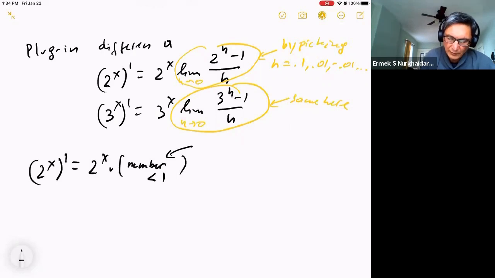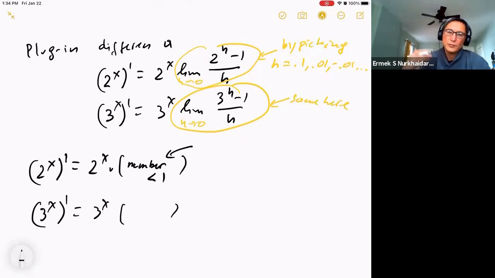If you take the derivative of 3 to x, you're going to get 3 to x, and you do the same thing when you substitute small values of h for that limit, you'll get a number slightly bigger than 1, right? For 2 to x, we get 2 to x times something smaller than 1. For 3 to x, we're going to get 3 to x times something slightly bigger than 1.